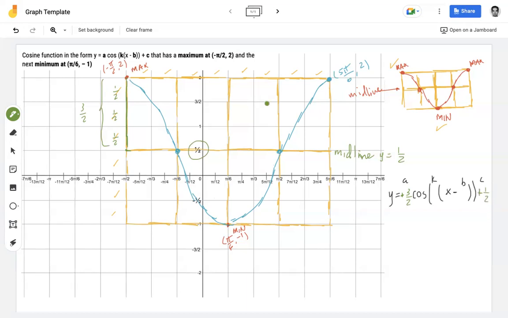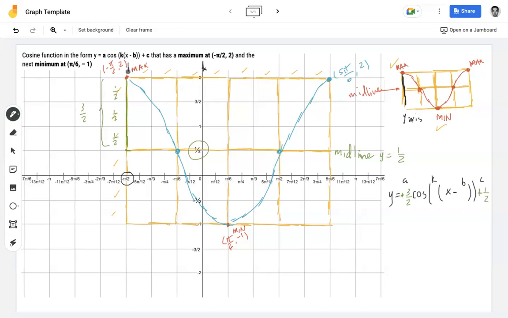Now, because the graph is supposed to start exactly over the y-axis, that means it is no longer starting at the y-axis, but now is starting at minus pi halves.